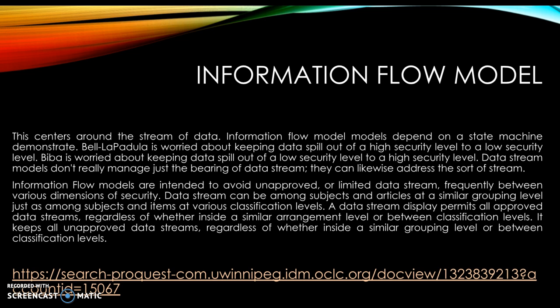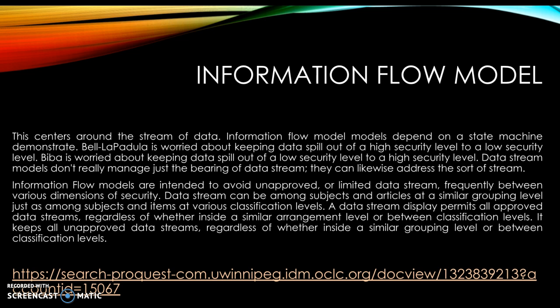Information flow model. What is this? It means the information flow model spotlights on the flow of information. The information flow model depends on a state machine model. The information flow models are intended to avoid unapproved or limited data stream, frequently between the various dimensions of security.